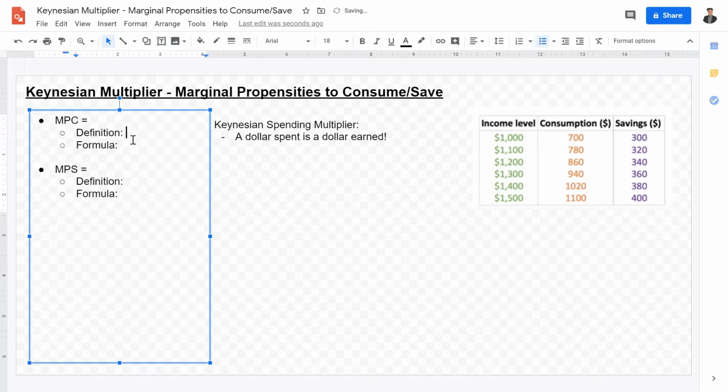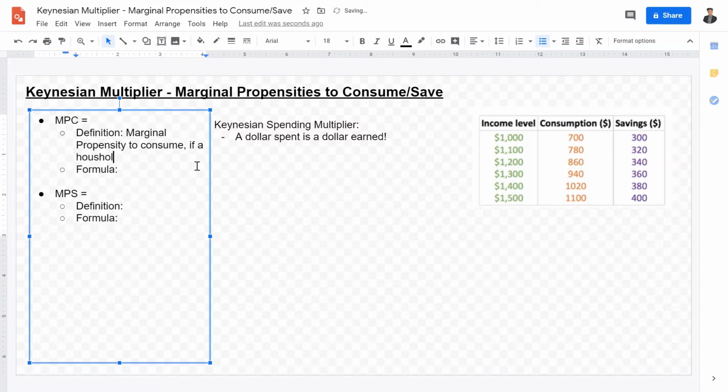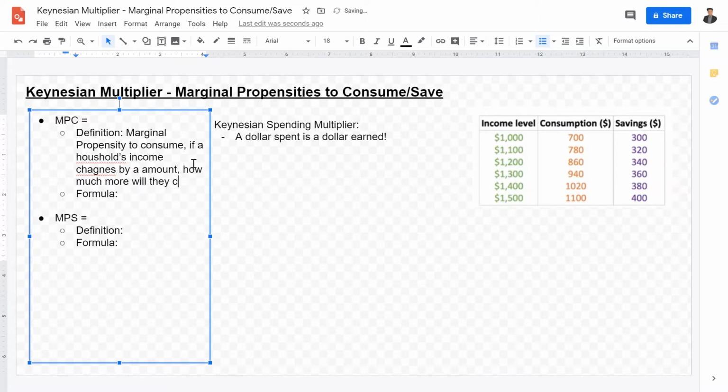The definition is concerned with this: if a household's income changes by an amount, how much more would they consume?